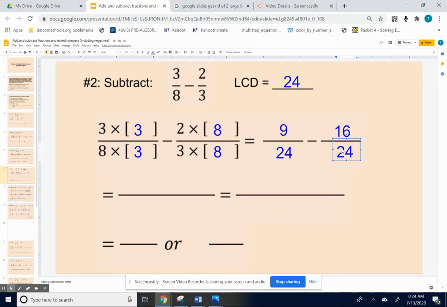Remember, the next step is to write the subtraction or addition problem on top and keep the 24 on the bottom. You should be typing in 9 minus 16 all over 24.